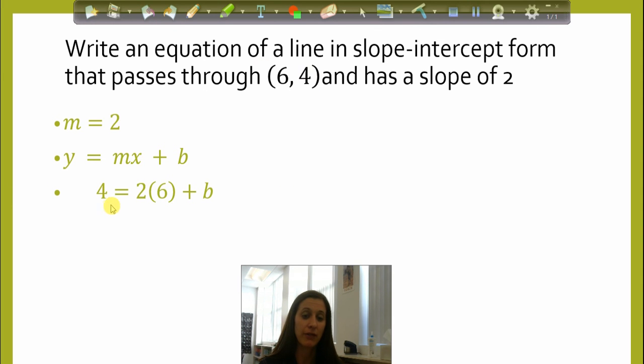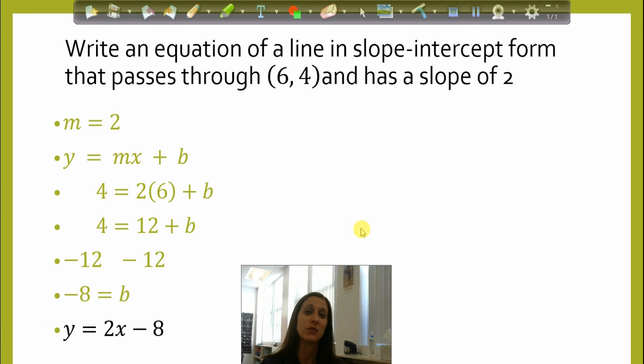From my y value, I have a 4. I know my m is 2, and from the ordered pair, I know my x value is 6. So now I'm just going to solve for b. 2 times 6 is 12. I can subtract 12 from both sides, and I get that b is -8. So now I know my m value, my slope, is 2, my y-intercept is -8, and so my equation is y equals 2x minus 8.